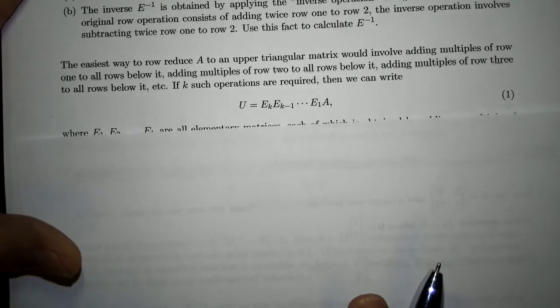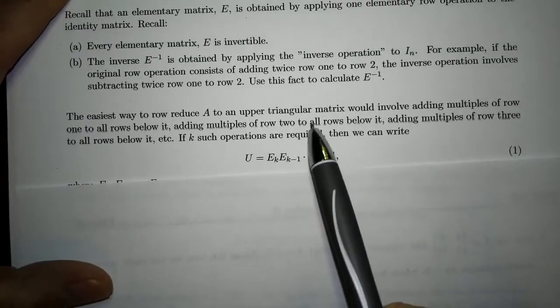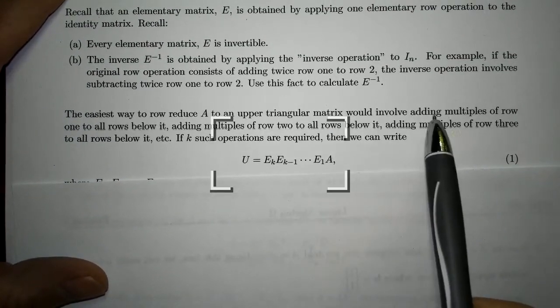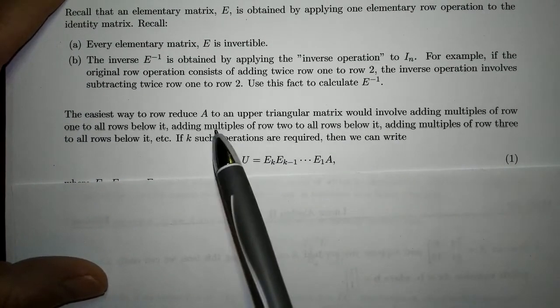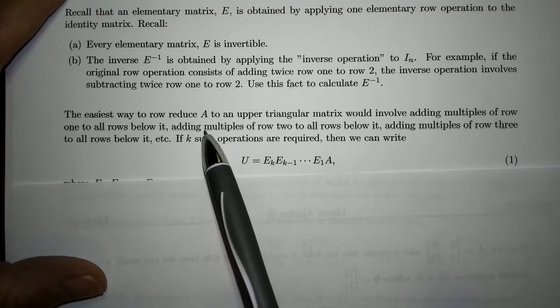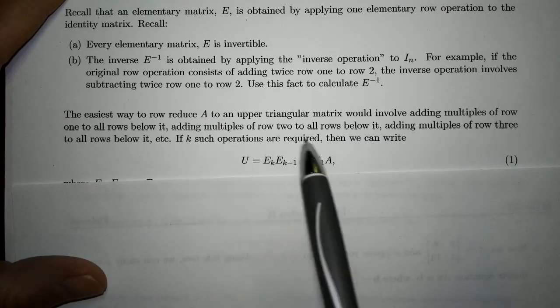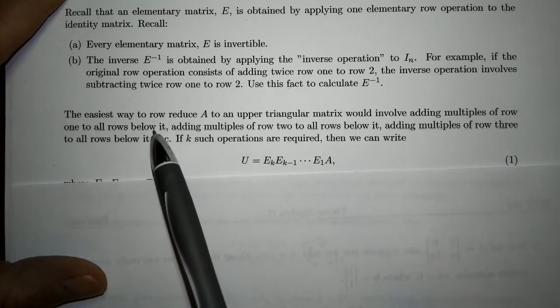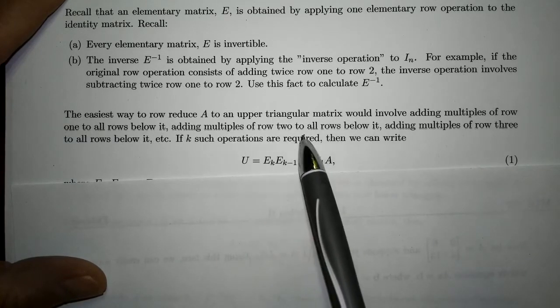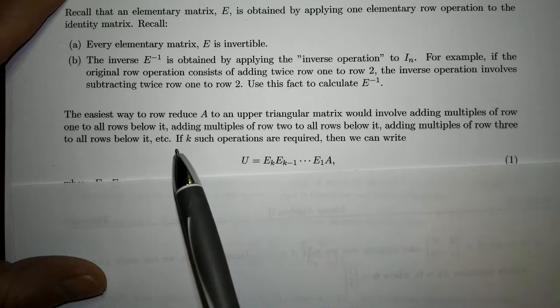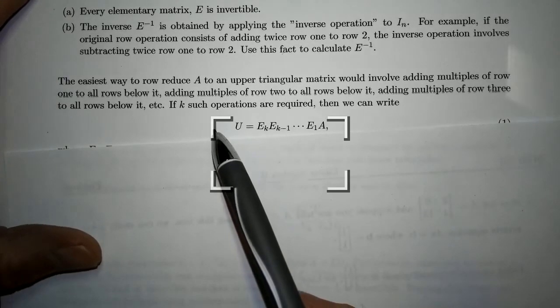Okay? So, the easiest way to row reduce a matrix to an upper triangular would be adding multiples of one row to all the rows below it. Adding multiples of row 1 to the rows below it, multiples of row 2 to the rows below it, multiples of row 3 to the rows below it, and so on and so forth.